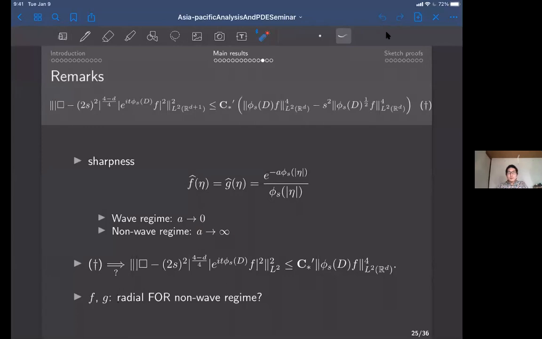But you might wonder why I was missing two extra results for the non-wave regime, which is the one where we simply just drop the last term, and the one where we consider only the radial initial data, because I don't know if it holds to be sharp.